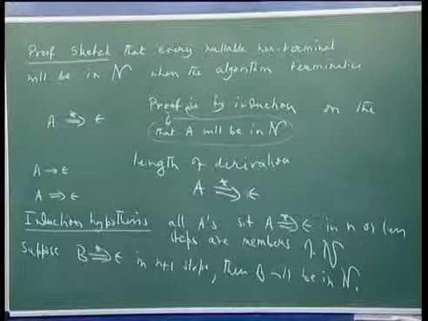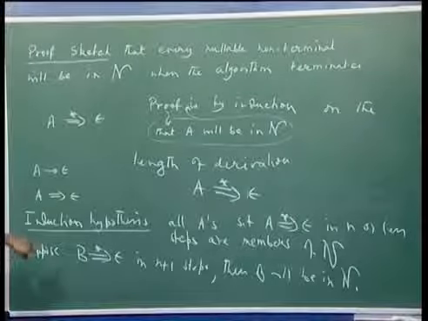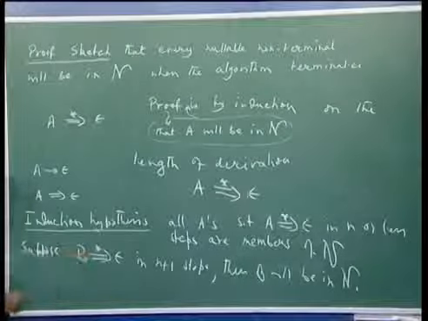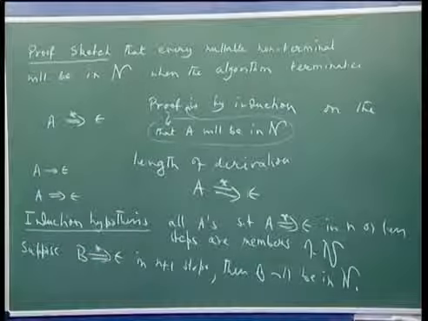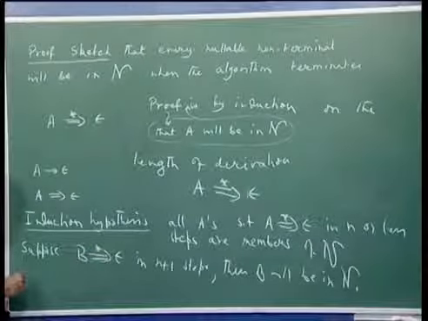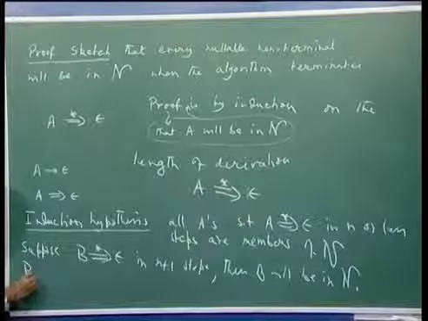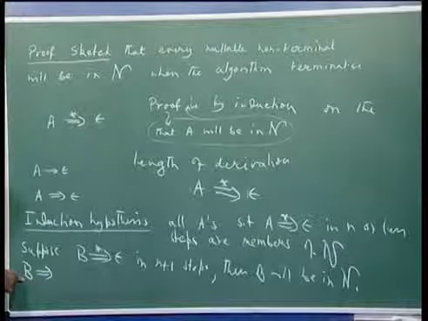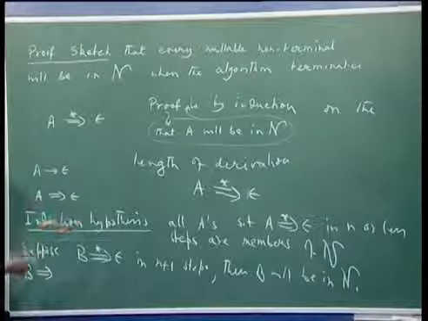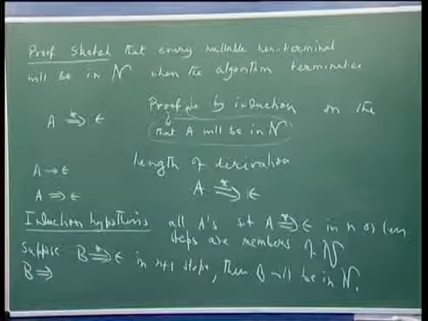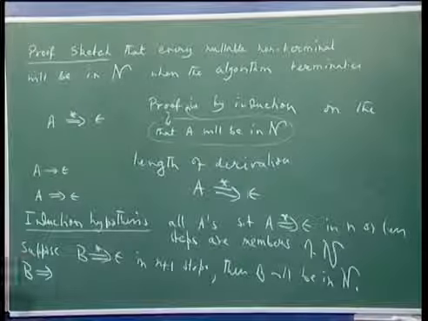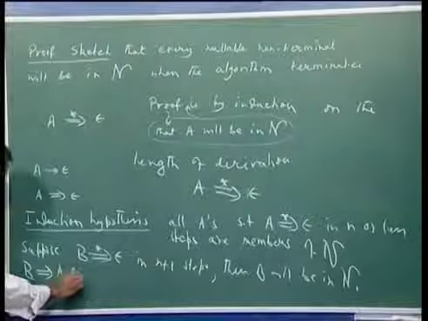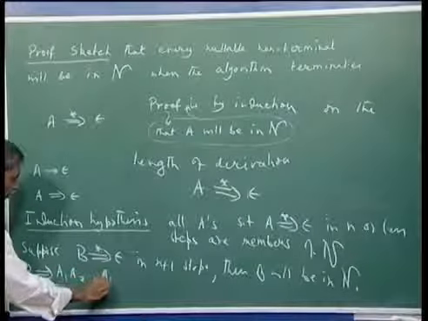That proof is simple, because consider such a derivation, and consider the very first step of that derivation. You will replace B by the right hand side of a production whose left hand side is B, and that right hand side may have a number of non-terminals.